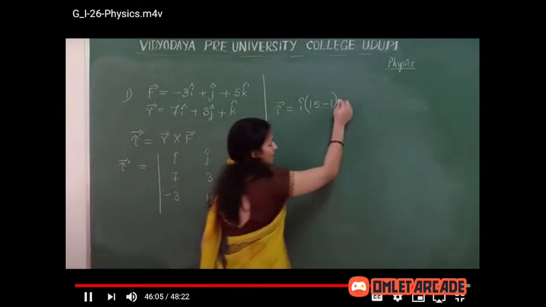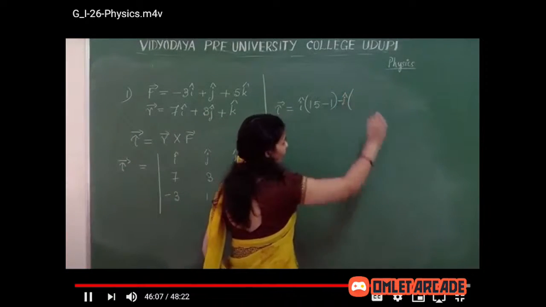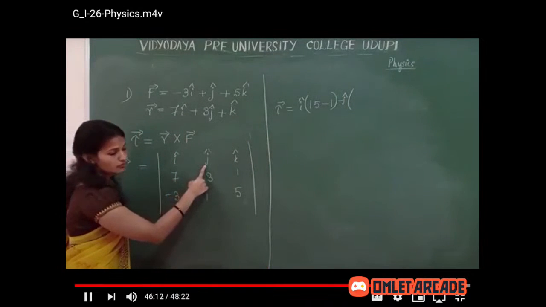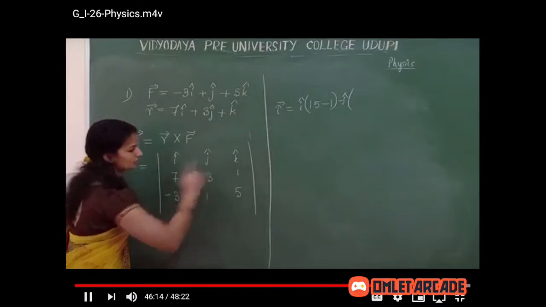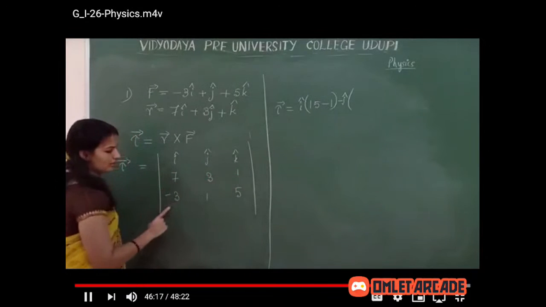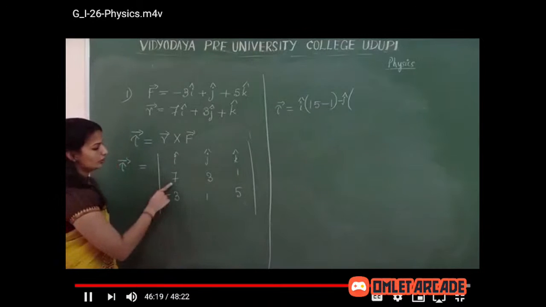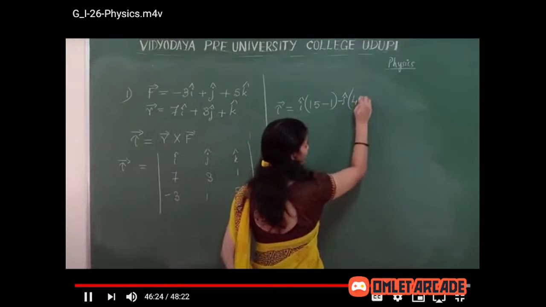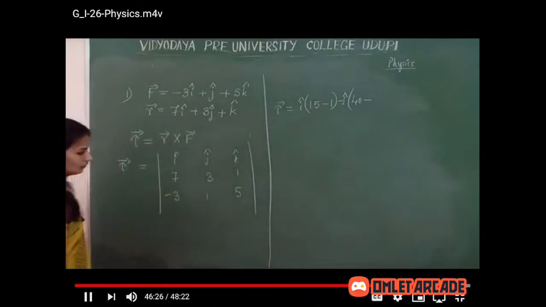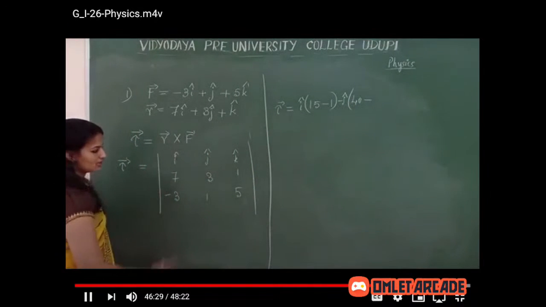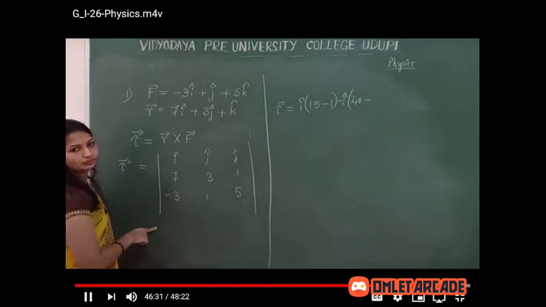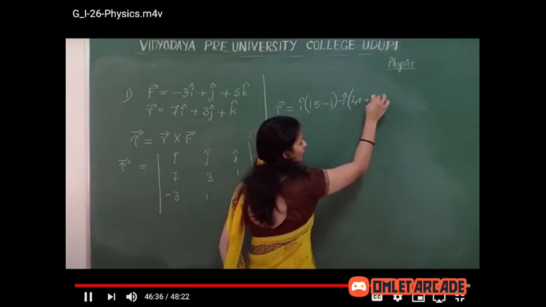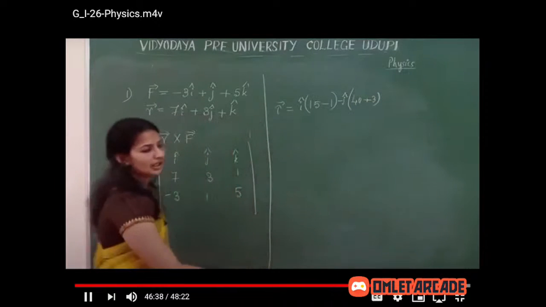Then minus j cap into, now we are finding the coefficient of j, so neglect this column. Remaining is 7, 1, minus 3, 5. 7 into 5 is 35, minus 3 into 1, it is minus 3, which with the existing minus becomes plus 3.